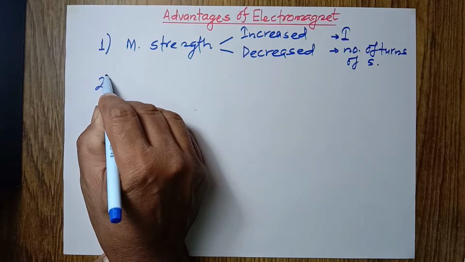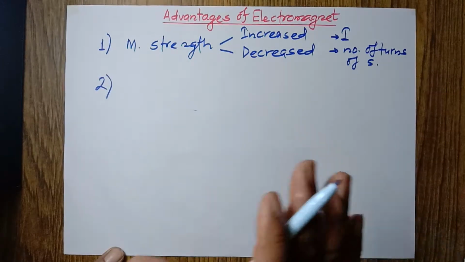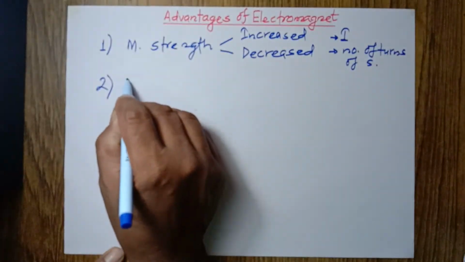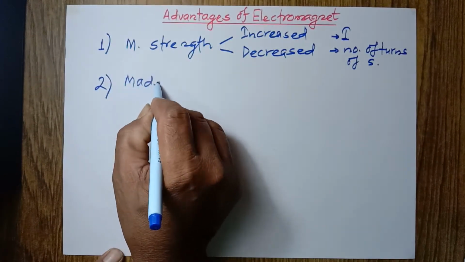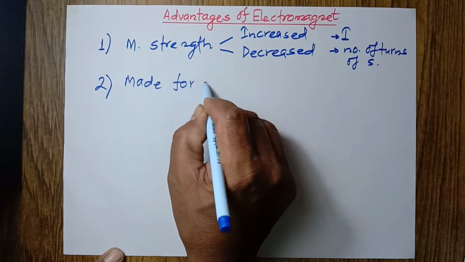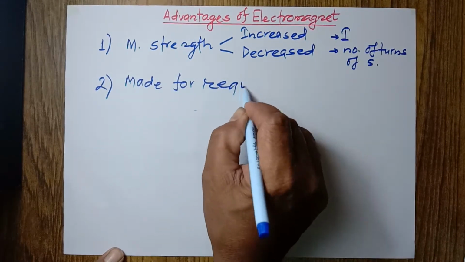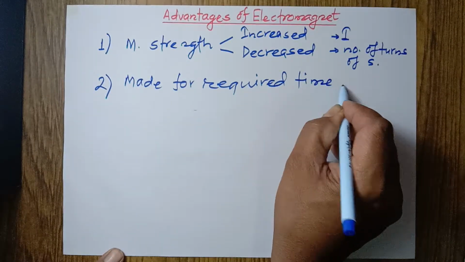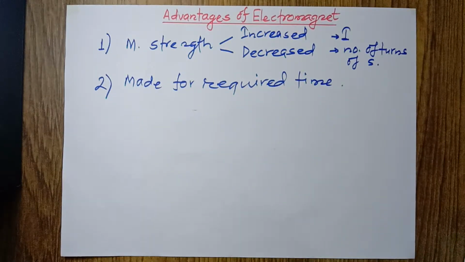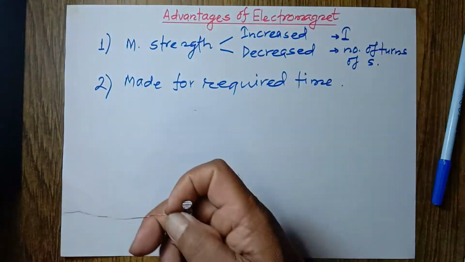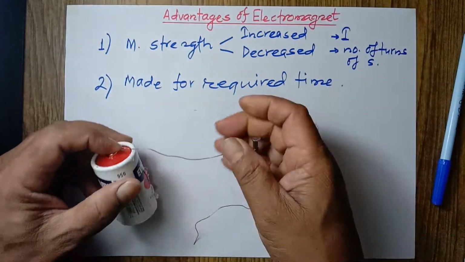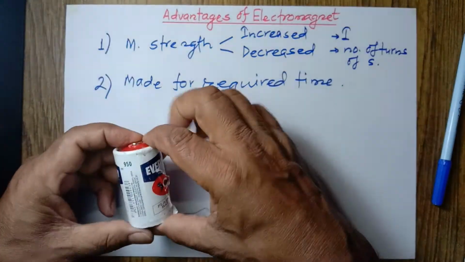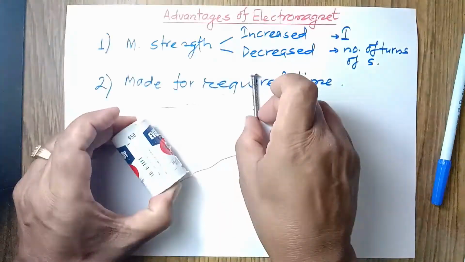Now the second point I want to say is that an electromagnet can be made for a required time period. Just for example, this is an electromagnet connected to a cell, and it remains an electromagnet as long as electric current passes through it.